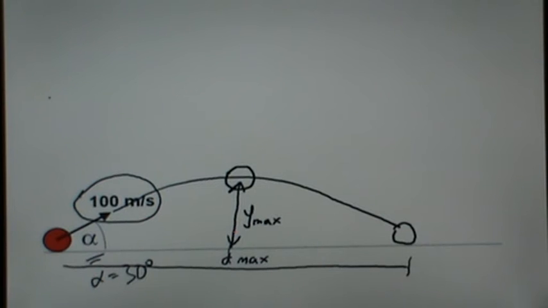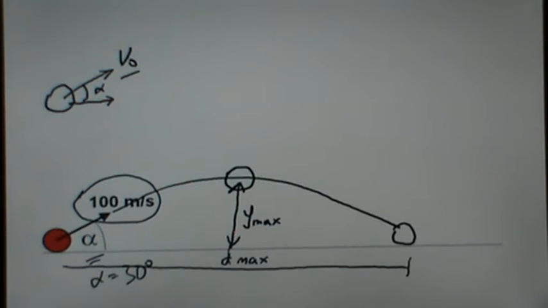Now here we have the initial situation where the ball has an initial speed v0 and also angle alpha. We already learned that this ball has the initial velocity in the horizontal direction. That's the first component of v0, or let's call it v0x. This is the initial velocity in the horizontal direction.